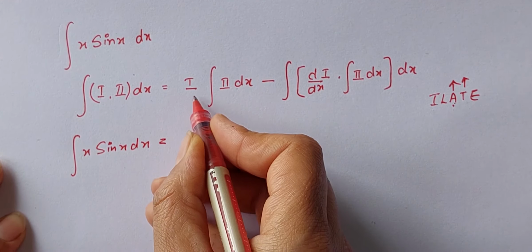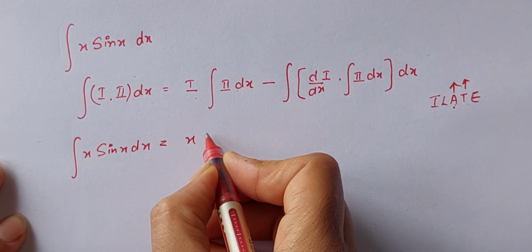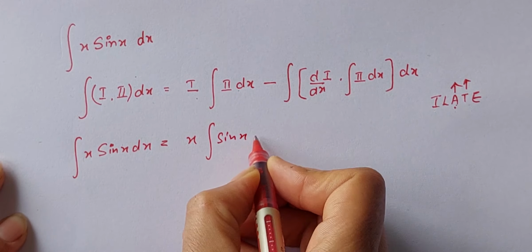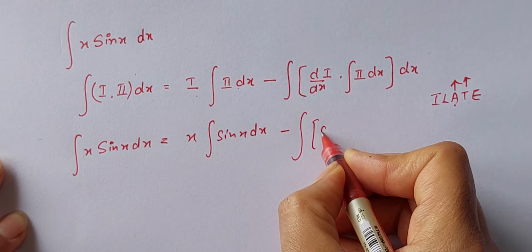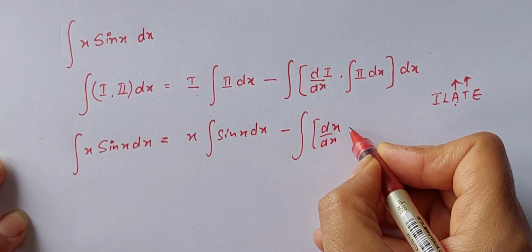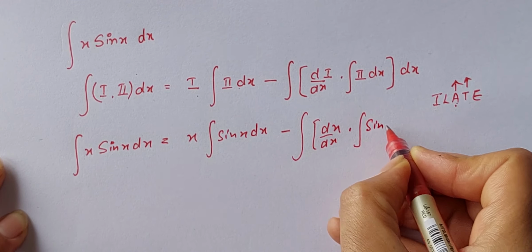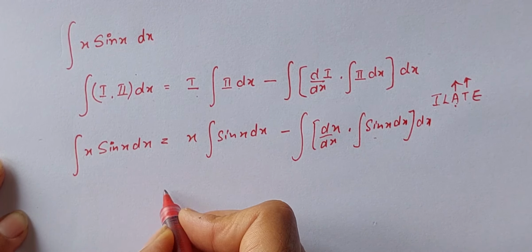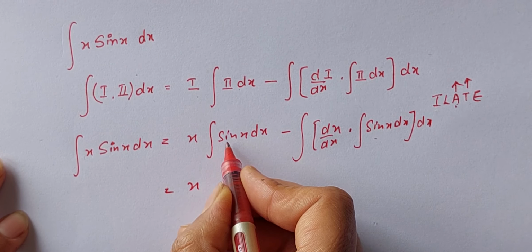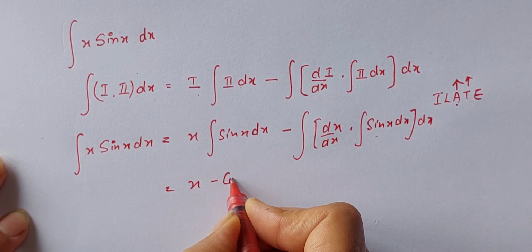So the first function is x and the second function is sine x. So x into integral of sine x, minus derivative of x into, here we have sine x dx, and then whole integral of their product. And here we know the integral of sine x is minus cos x.